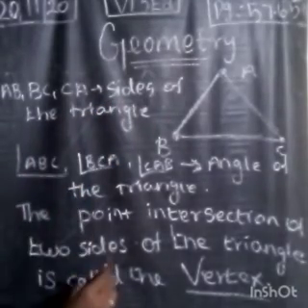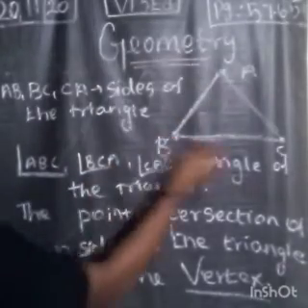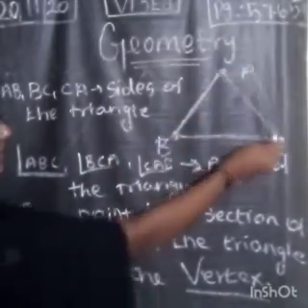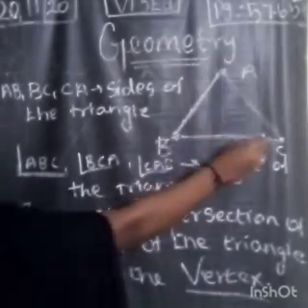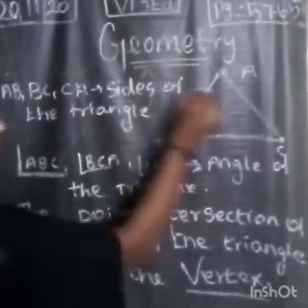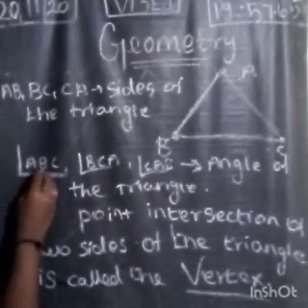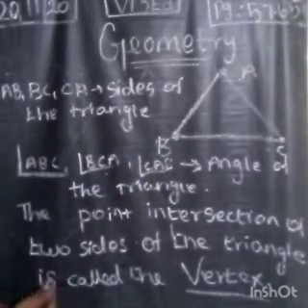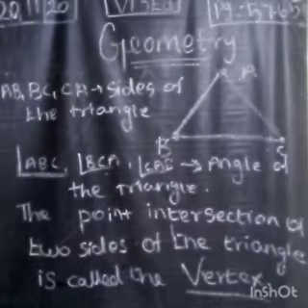And then the angles ABC, BCA, CAB are called the angles of the triangle. And then what is the vertex?